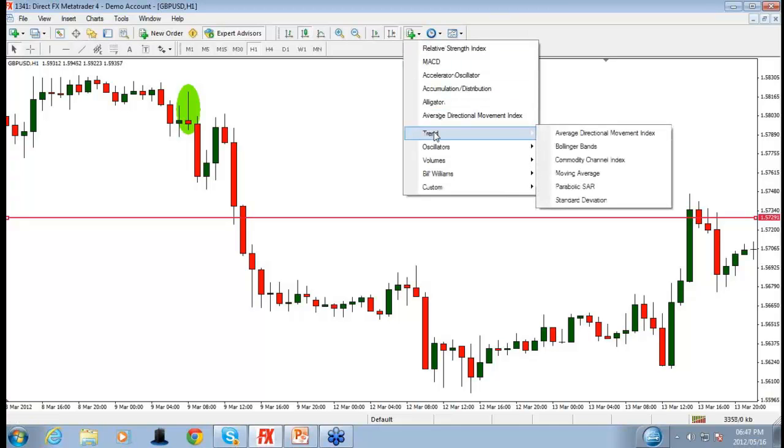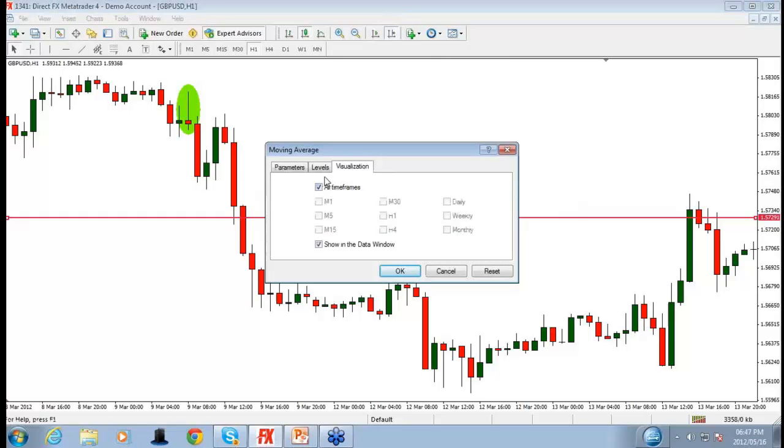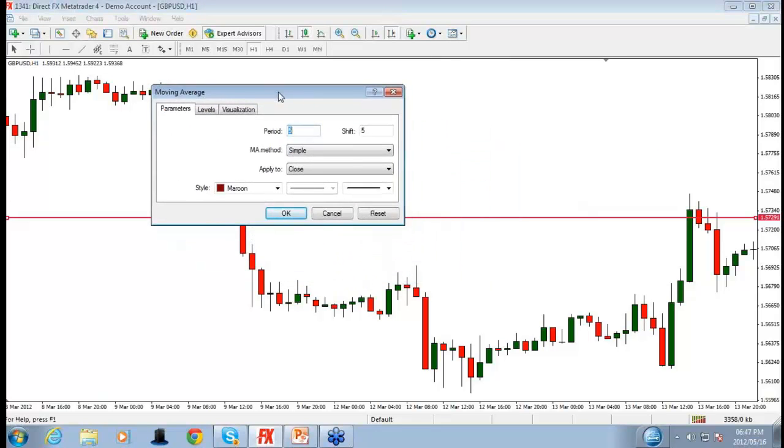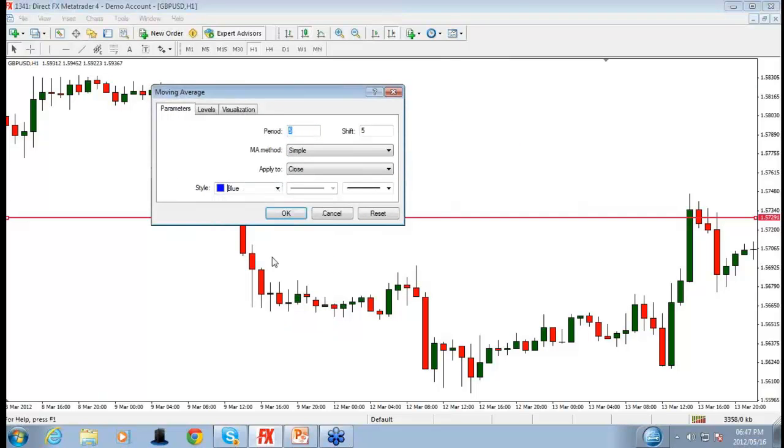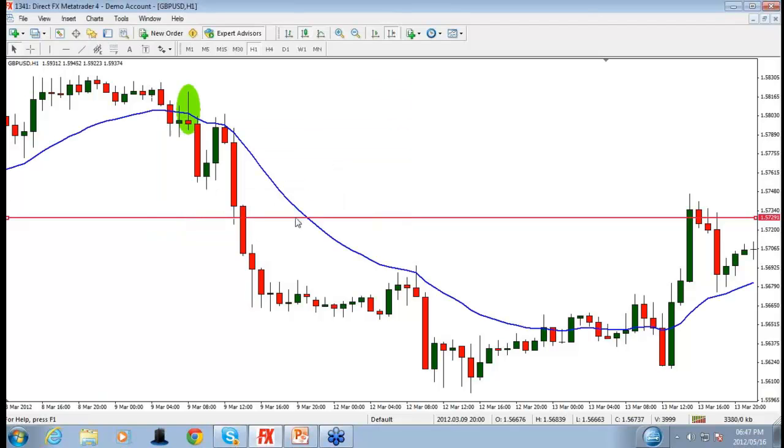So I go to moving average, click on it, go to the parameters, and make it dark blue. I will change this to exponential, change this to 21, change that to 0, keep it to close, and say OK.